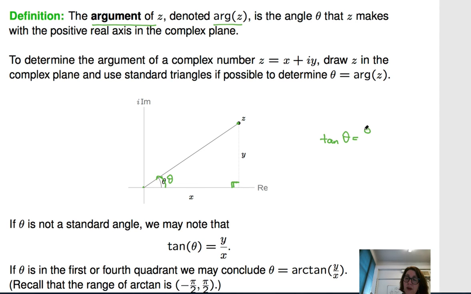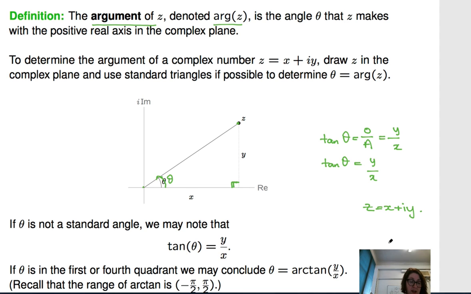In terms of the coordinates that we have, the distance on the opposite side is just y, and on the adjacent side it's just x. So we have tan theta equals y over x, where remember the complex number z is equal to x plus iy.